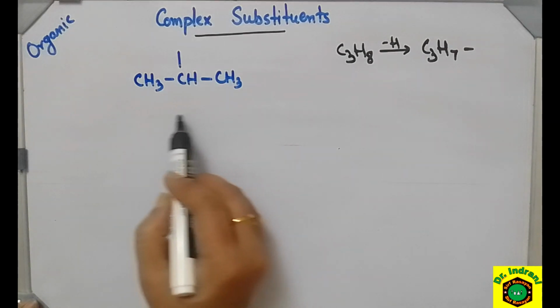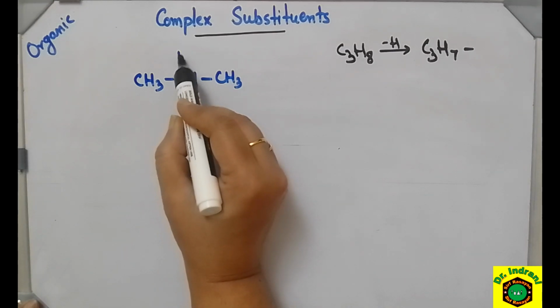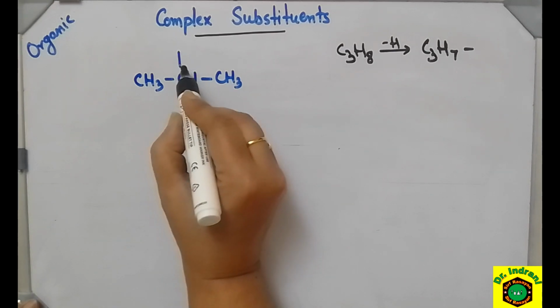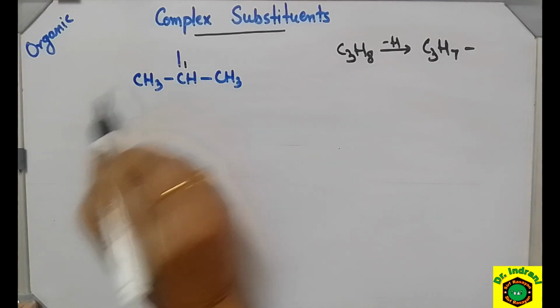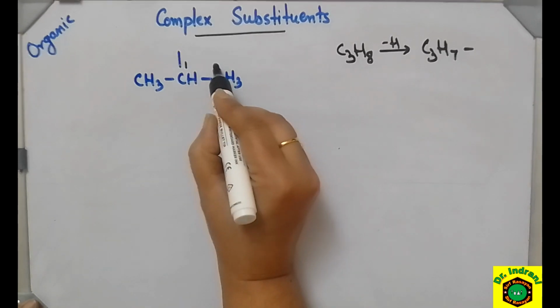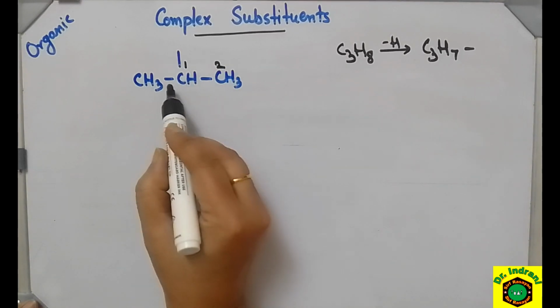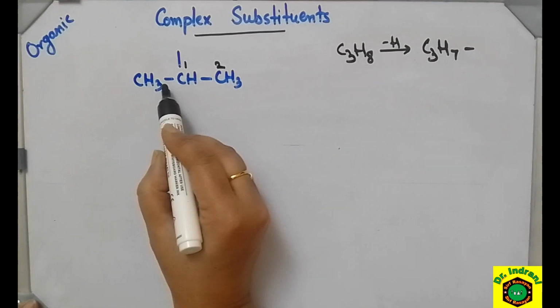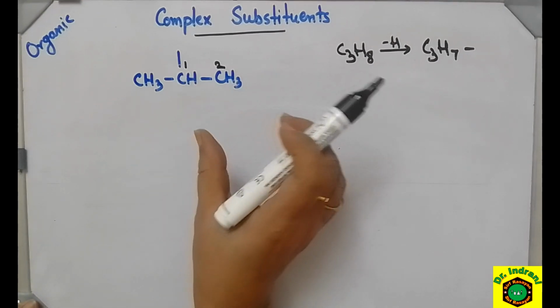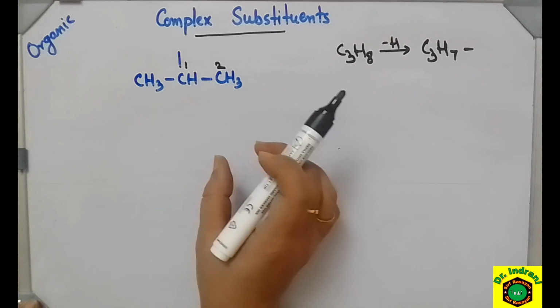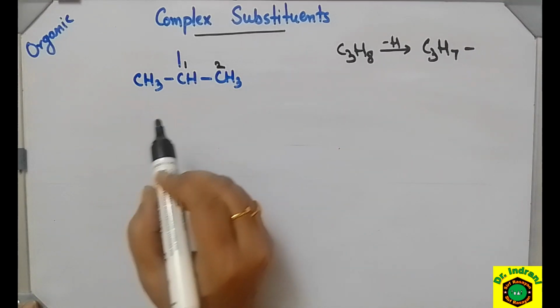So this is a complex substituent because the carbon which is attached to the main chain, you have to give number 1 for that. Next will be number 2. So here one substituent is there. So the substituent is substituted further, means it is a complex substituent.